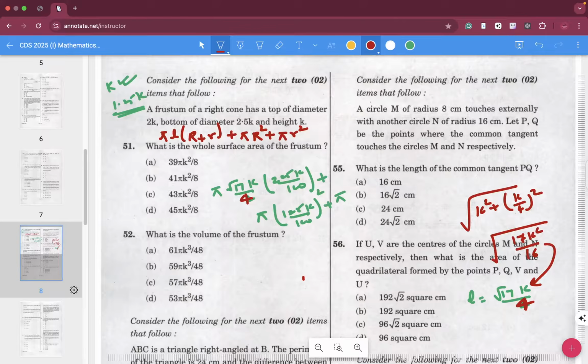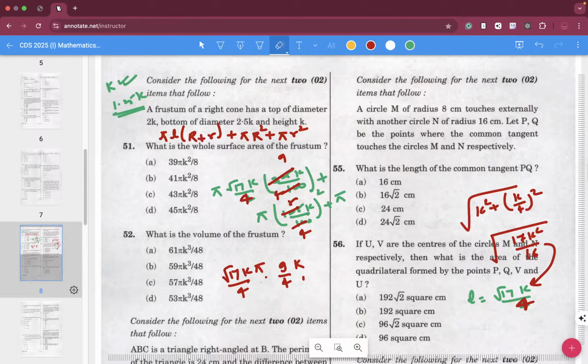Now we are going to solve some critical stuff over here. Can I write it like 9 times 4? So what we are left with is root under 17k by 4 pi into 9 by 4k.